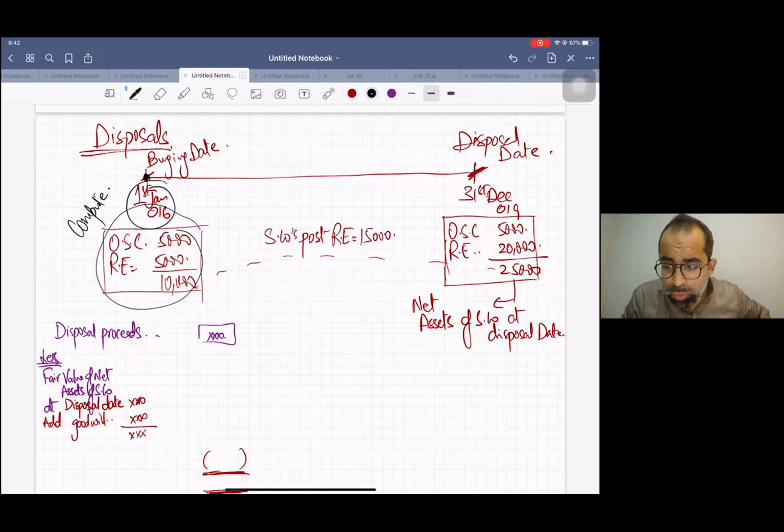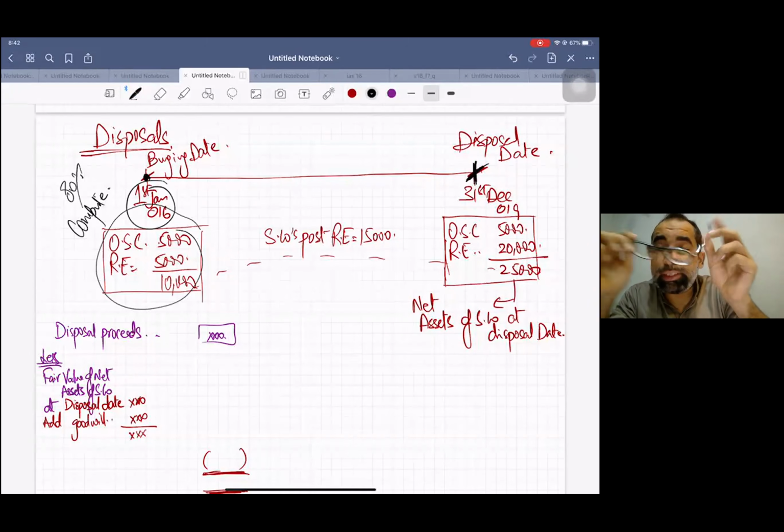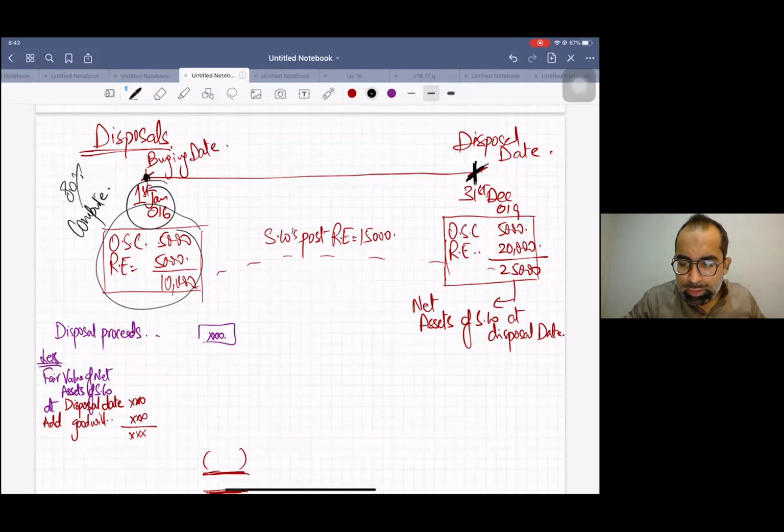In the question it is written that you bought 80% shares, you had 80% holding of that company, and you sold all the holding in one shot on 31st December 2019, the very last day of the year end, the reporting date.